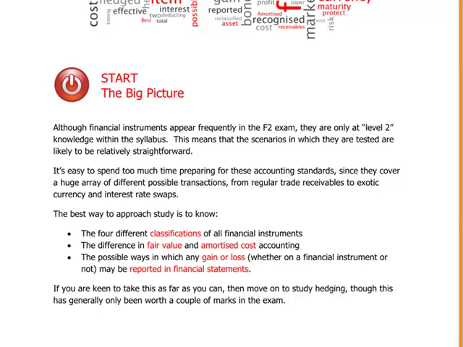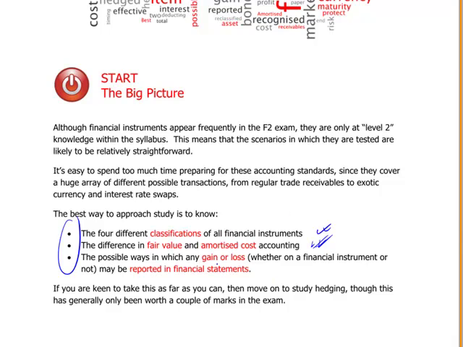So we recommend in this chapter a few key areas that you would like to cover, and we'll start with the four different classifications of all financial instruments. We'll look together at that. Then you need to have a good understanding of the difference between fair value and amortized cost, which are the two valuation methods of your various categories of financial instruments.